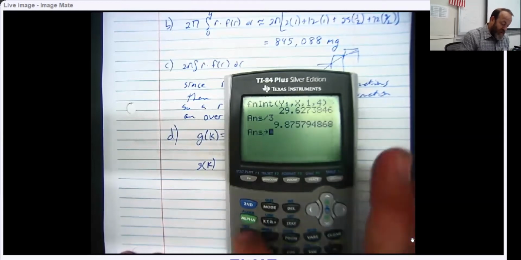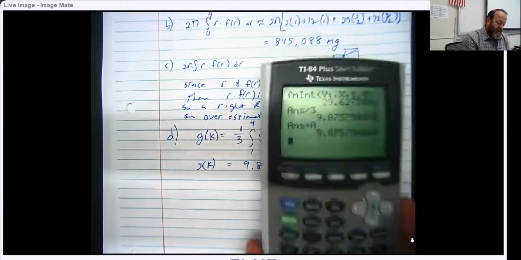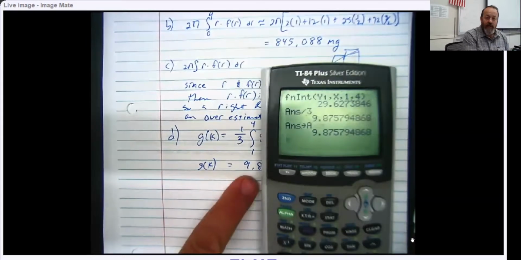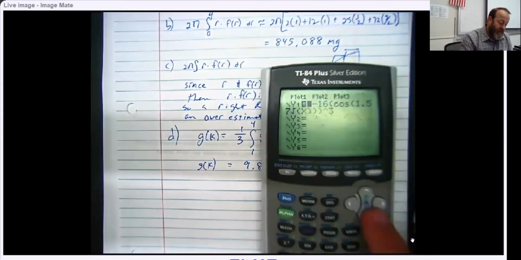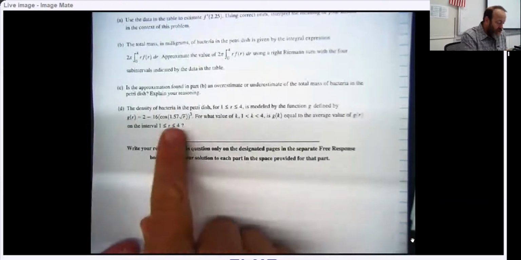Now, I'm going to store that as a, because I wanted to have that value. What they wanted to know is, when is this function equal to the average value? So I'm going to tell this to be a, that average value. Now, I don't totally know too much about this function, but if you take a cosine of any kind, cosines alternate up and down between 1 and -1.